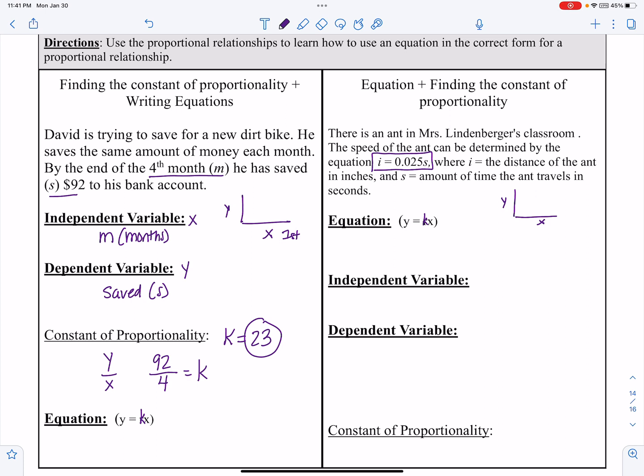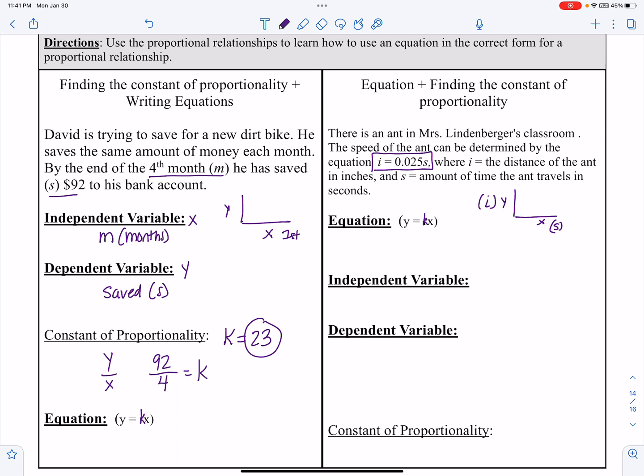So in 2 minutes, a certain distance happens. In 4 minutes, a certain distance happens. So that's why I'm choosing S to be my independent, and I ends up being my dependent. That means the distance he travels depends on how much time he's moving for.